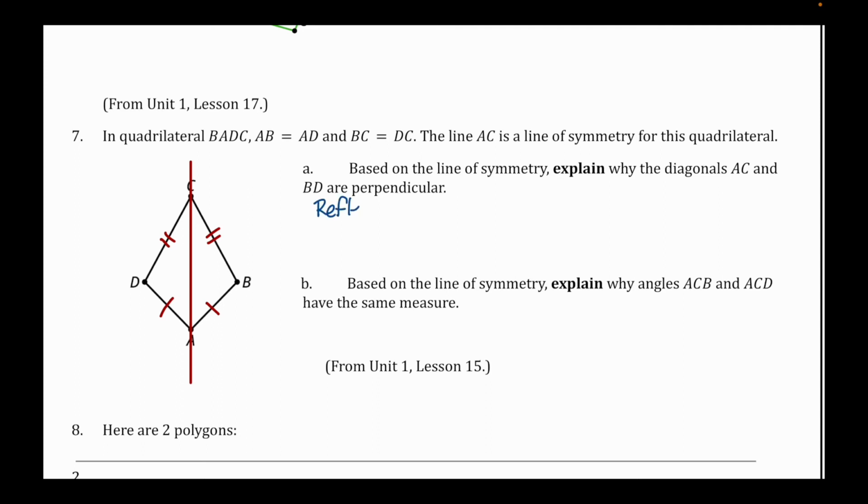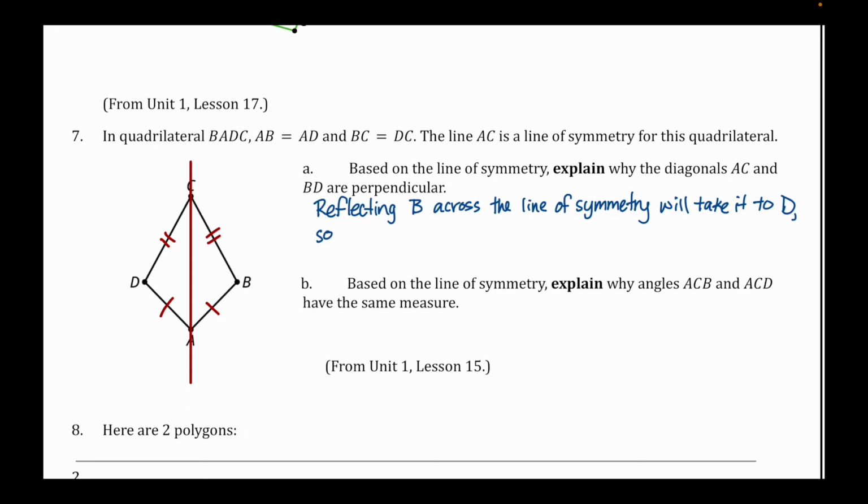Reflecting, let's say reflecting B across the line of symmetry will take it to D. So by definition, because that line of symmetry perpendicularly bisects the image and the pre-image, D is essentially the image and B here is our pre-image.